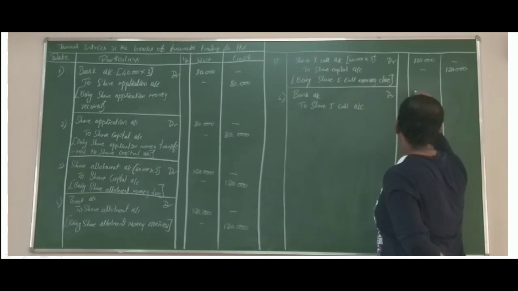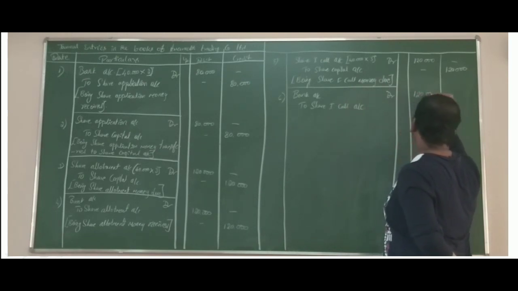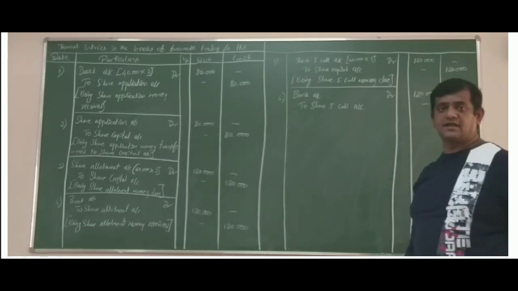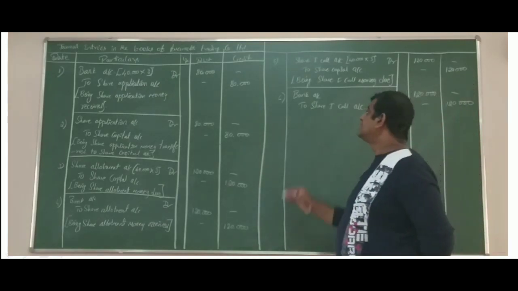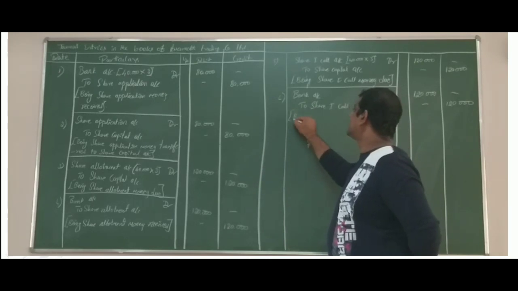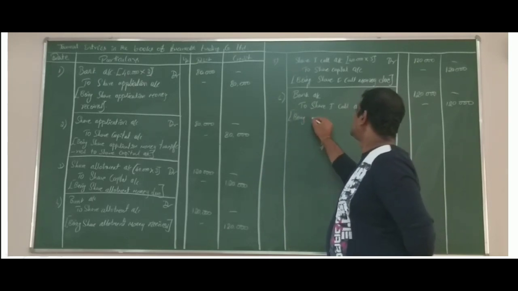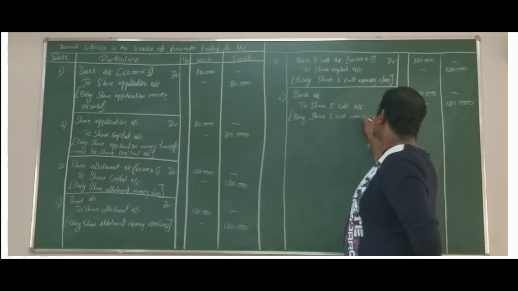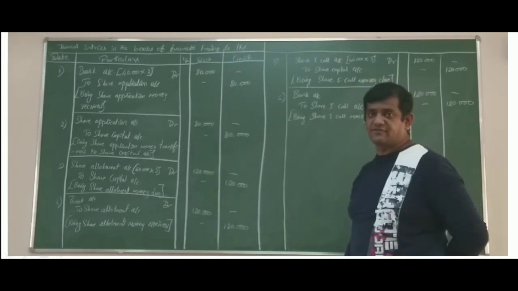So the amount remains the same, 1,20,000 and 1,20,000. So the narration is being share first call money received.